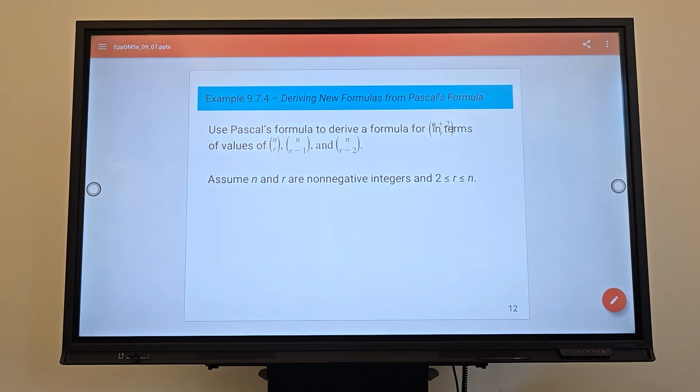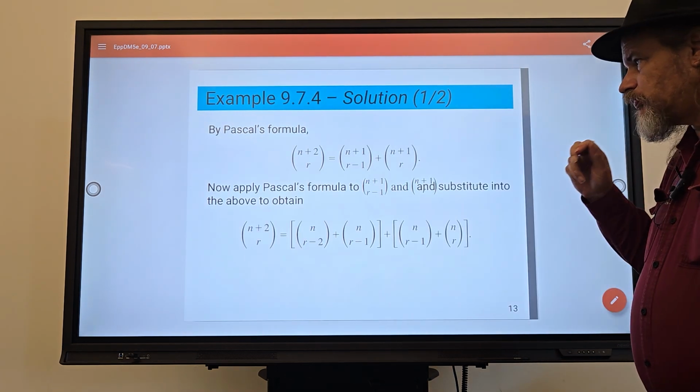Use Pascal's formula to derive a formula for n plus 2 choose r in terms of values of n choose r, n choose r minus 1, and n choose r minus 2. Assume that n and r are non-negative integers and r is between 2 and n inclusive.